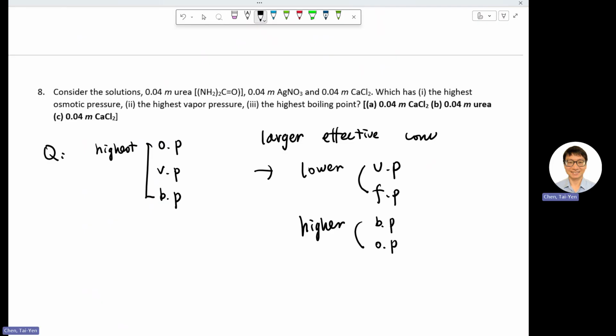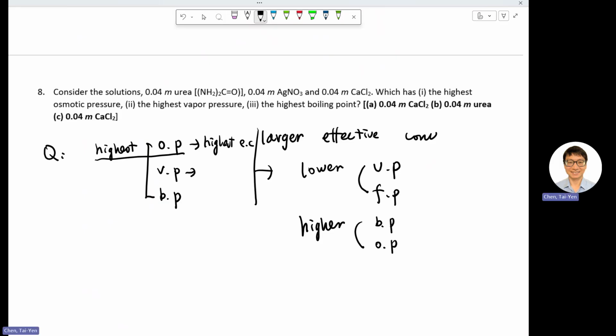Then you want to translate this. You want the highest osmotic pressure, right? That means the solution has the highest effective concentration. How about this?